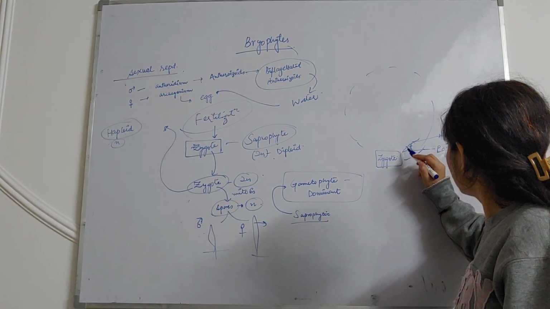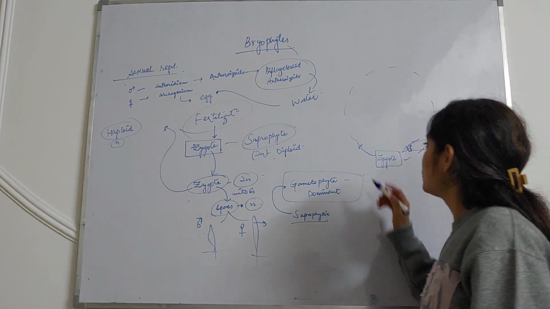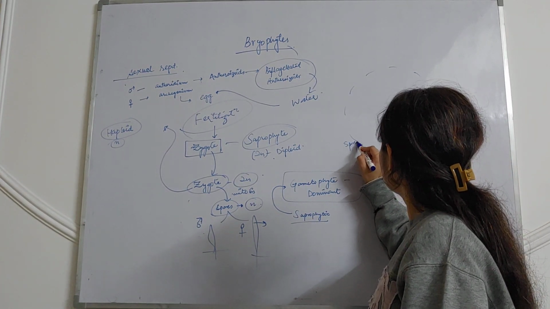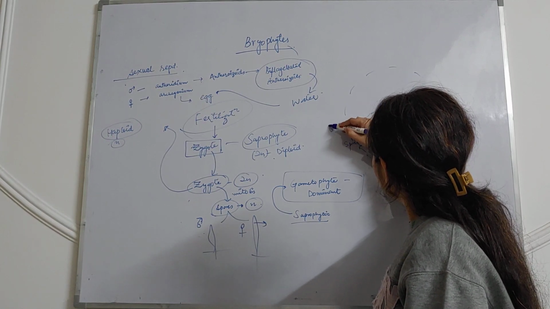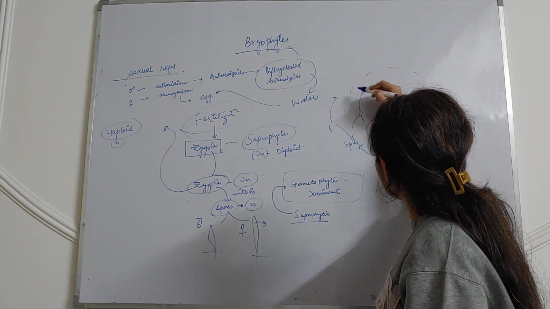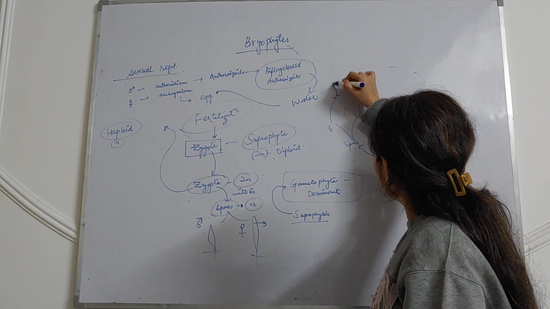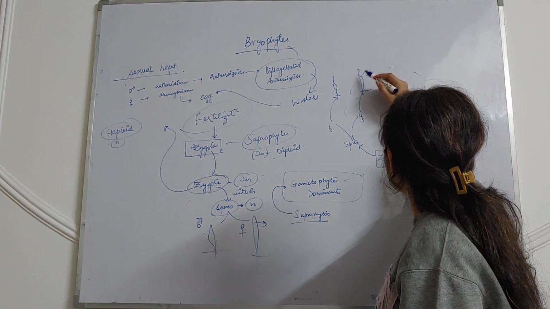Where the fusion happens, this zygote after some time produces spores which are of two types, male spores and female spores, which are further divided into the plant body.